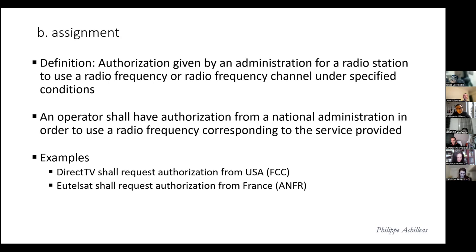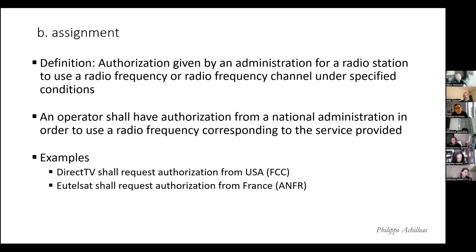So in each country, there is a national administration responsible for the assignment. So let's say that you are representing Eutelsat, which is a French company. So Eutelsat will request the authorization from the French administration. We have an agency dedicated to frequencies, the French frequency agency.